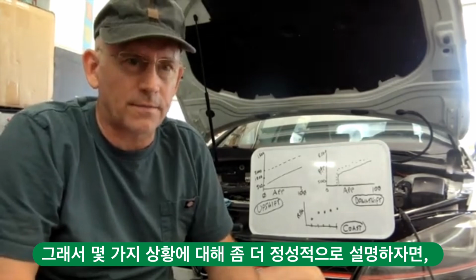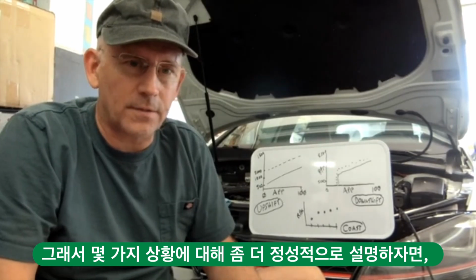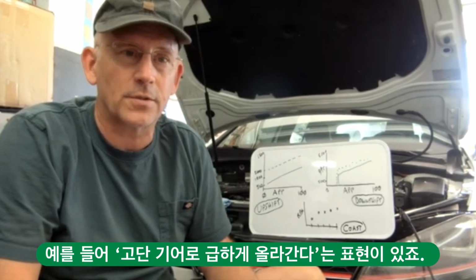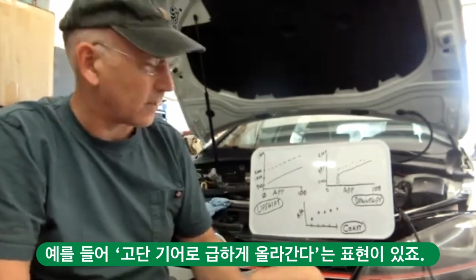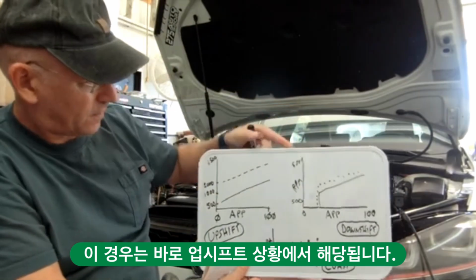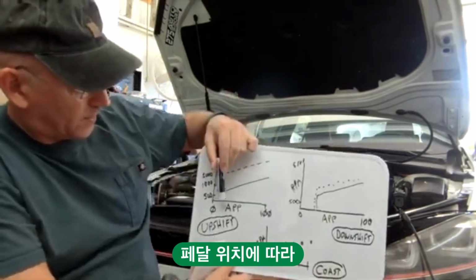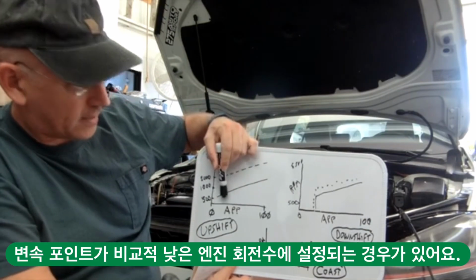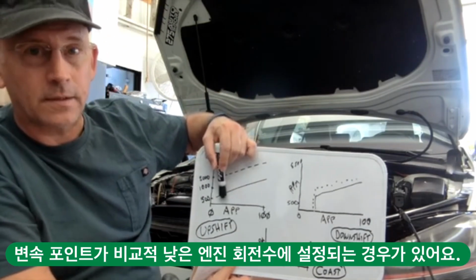So just to talk about a couple of situations that get described in more qualitative terms, there's racing to a higher gear. That is, in this case, with the upshift, where for a particular pedal position, the shift point is at a fairly low engine speed.